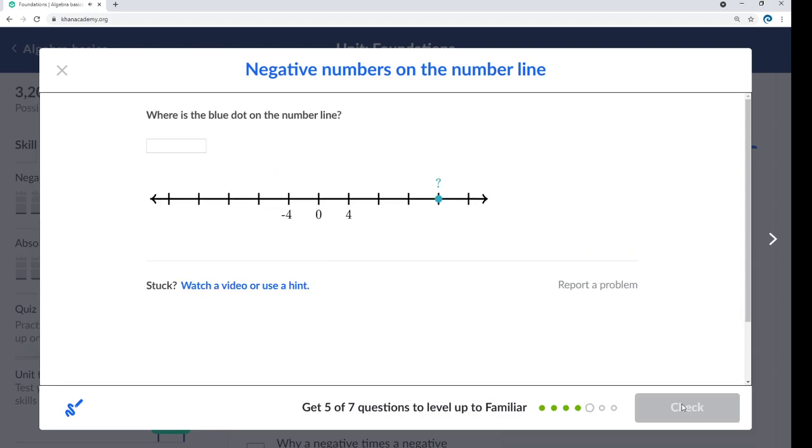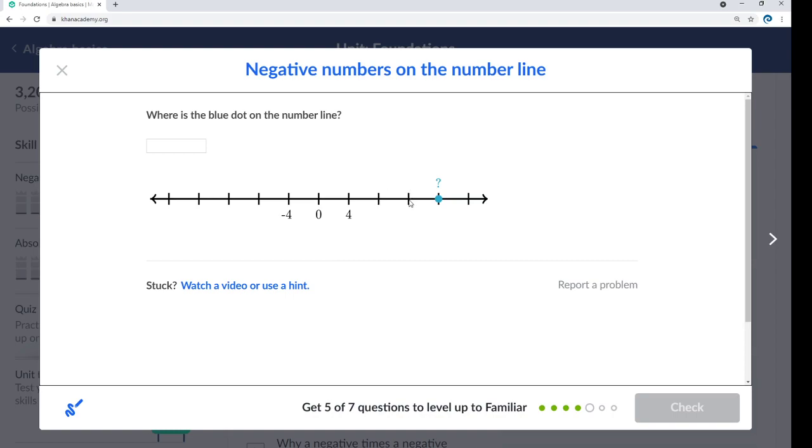All right. So where is the blue dot on that? Now it's way over here. They're really trying to test my mathematical abilities. Mathemanation. I don't know the proper word for it. My mathematory skills. 0. And then one tick is 4. So this is 8.